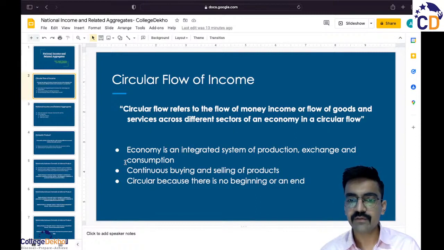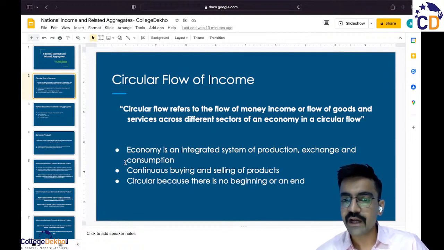So if I'm paying someone, that shopkeeper will pay someone else who has supplied that raw material to him, and this circle of paying back to the supplier never stops, right?